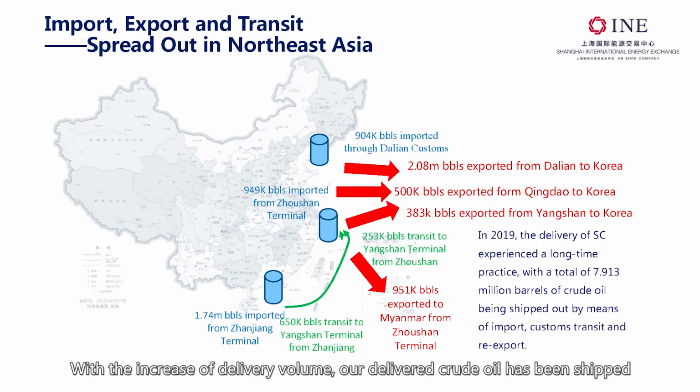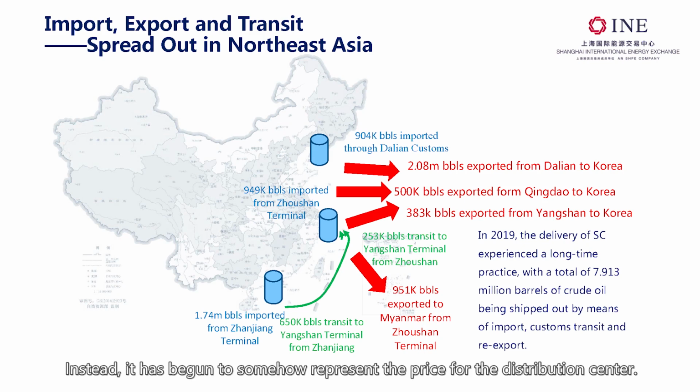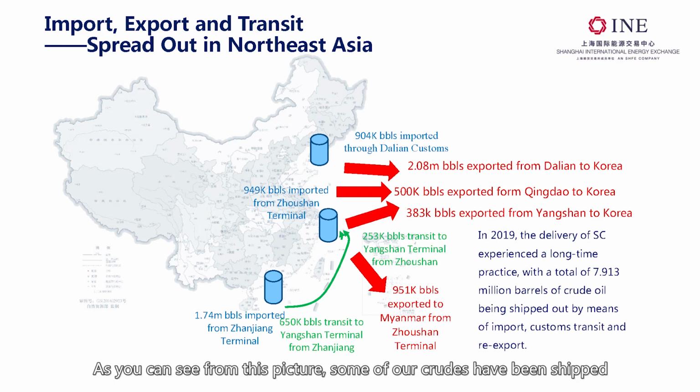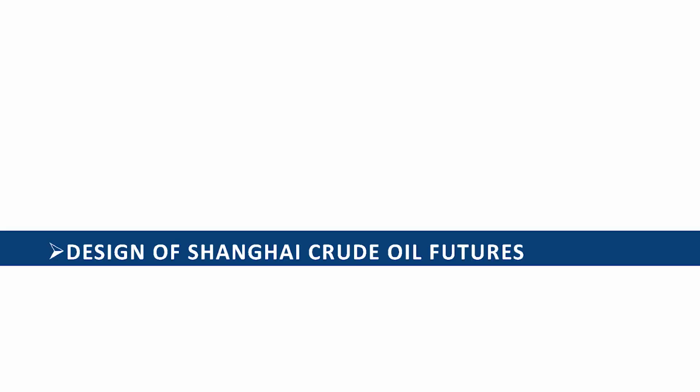With the increase of delivery volume, our delivered crude oil has been shipped to various destinations and has started to spread out in Northeast Asia. Therefore, the meaning of our price cannot be simply considered as CIF price. Instead, this has begun to somehow represent the price for the distribution center. As you can see from this picture, some of our crude has been shipped to South Korea and Myanmar.